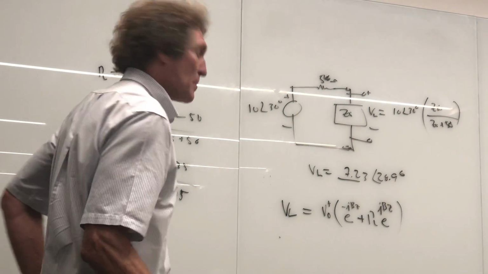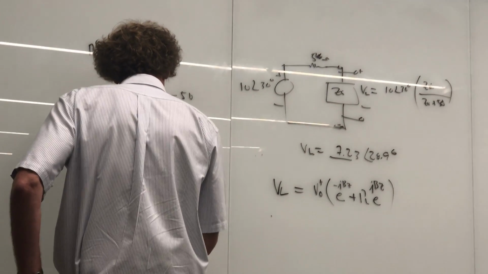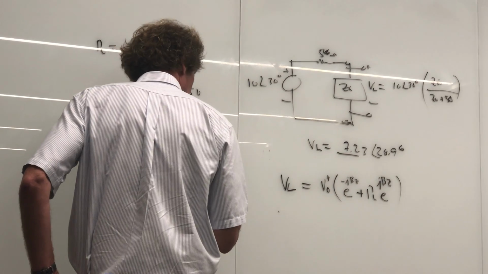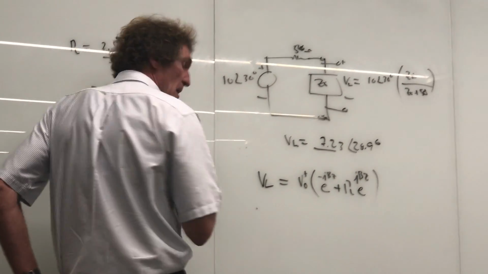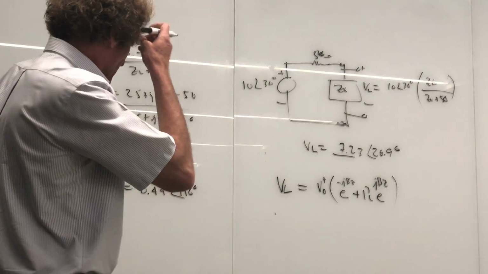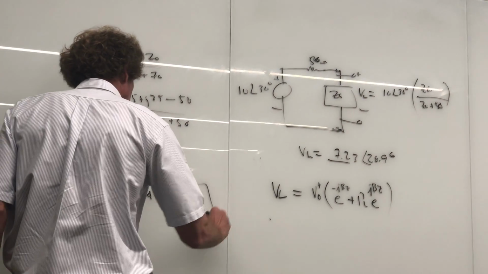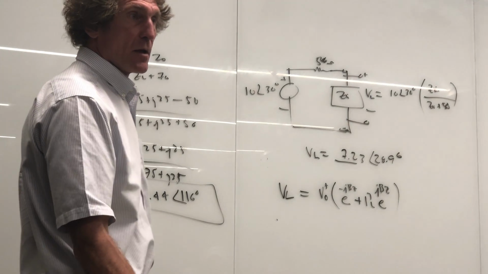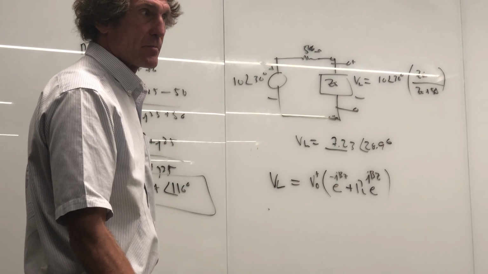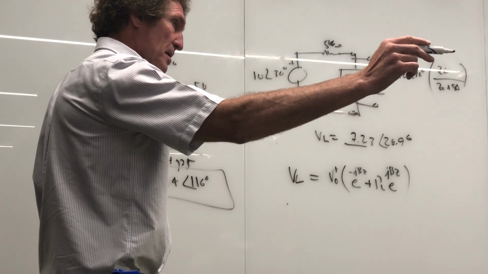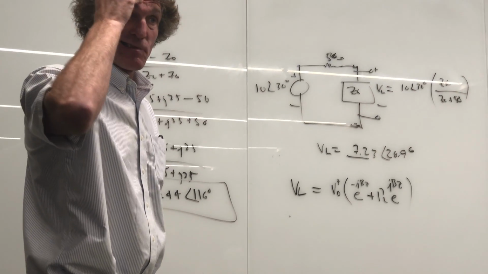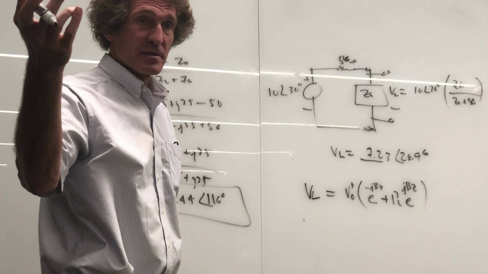I got 0.44 at an angle of 116 degrees? Yes, sir. Ivan, is that you? Yes. Okay, thank you. All right, can anybody confirm that or deny that? Same thing, everybody? Did you get the same thing, Liz? Yes. All right, I want to make sure everybody's learning how to use your calculators.